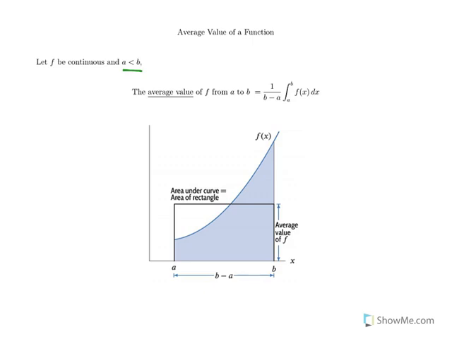So let's talk about why this is true a little bit. So first we know that this is going to be the area under the curve, this integral. And then the 1 over b minus a is related to the length of that interval from a to b, that's b minus a.